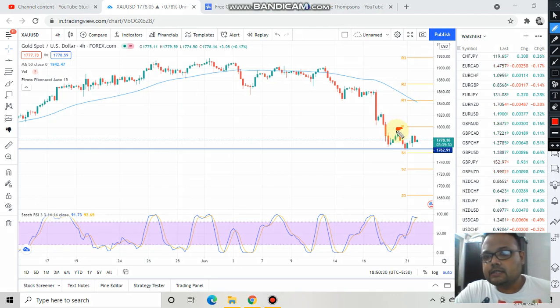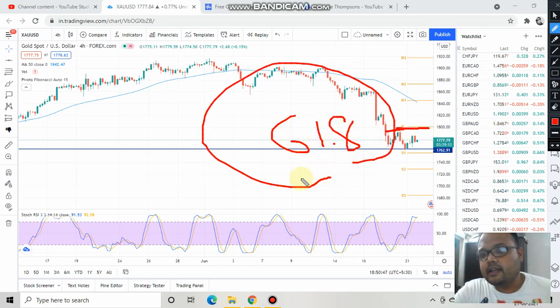So until and unless the market crosses this particular level with a good amount of volume, you cannot consider it a trend reversal. Always keep in mind we need a V pattern, and we have already seen in the Fibonacci retracement that this level, 61.8, is very important. Right now the market is trading below this retracement level. Therefore we cannot be too sure.